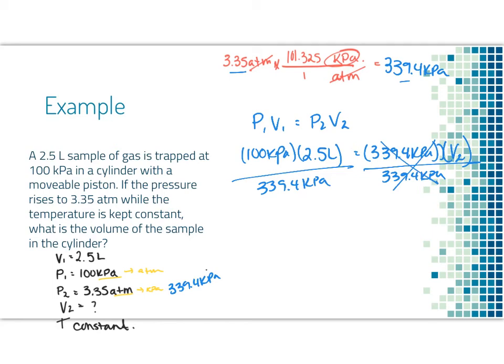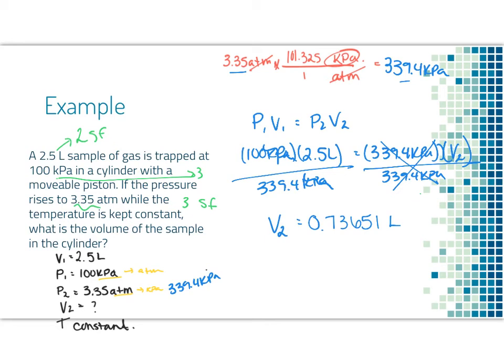And units of kPa cancel here. For V2, we are left with 0.73651 liters. I'm going to keep some extra significant digits here. Looking at our question, we originally had 2 significant figures in this number, 3 significant figures here, and 3 here.